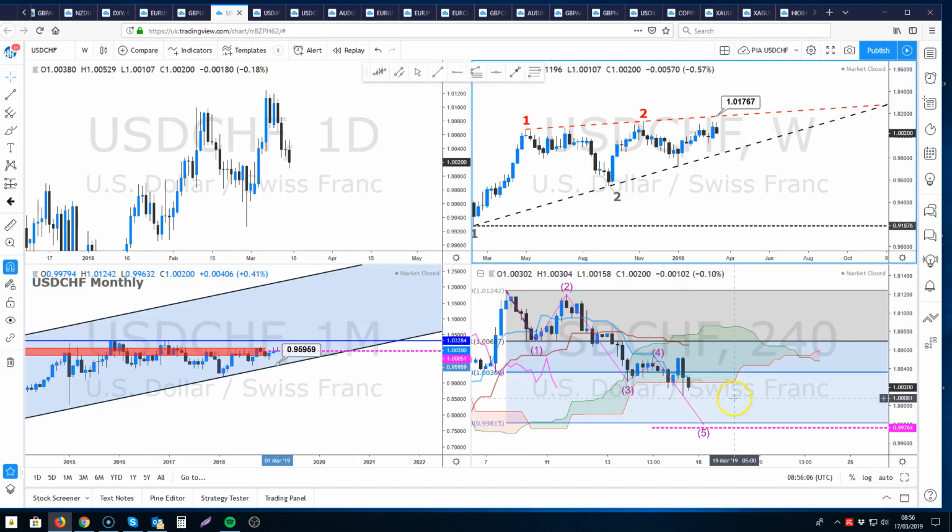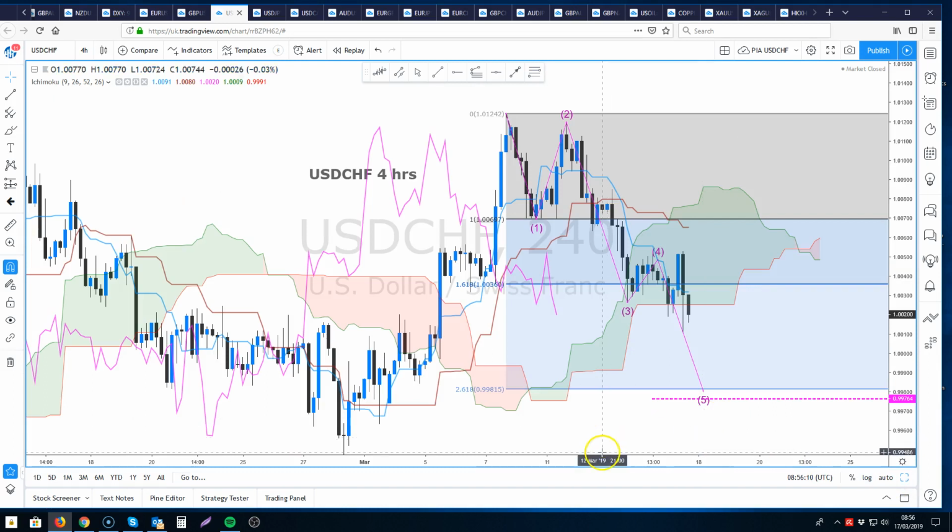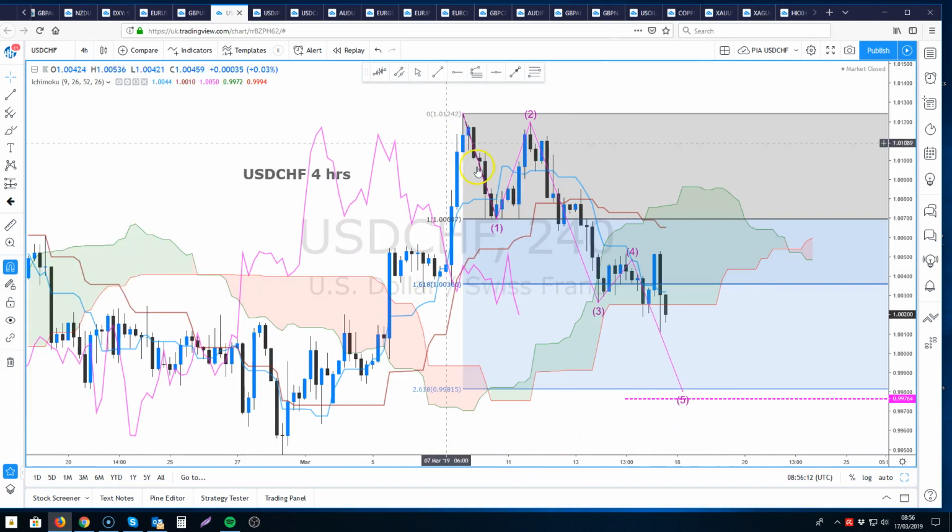And again, what I quite like on an intraday or short-term basis is this 4-hour chart. 1, 2, 3, 4, and then going down here in 5, and that probably will be a very good area to buy into next week, because 99.81 is a 261.8% extension level, and 99.76 is our bespoke support.